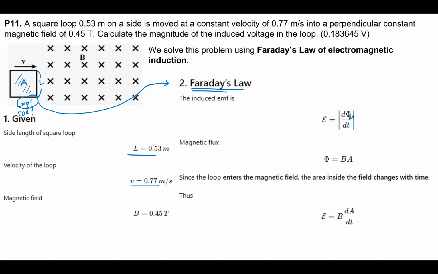So the magnetic flux is given by the magnetic field multiplied by the area of the loop. Then the electromotive force is given by the derivative: B doesn't change with time, only the A is changing with time.